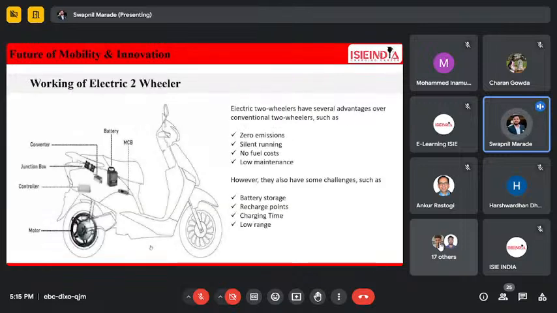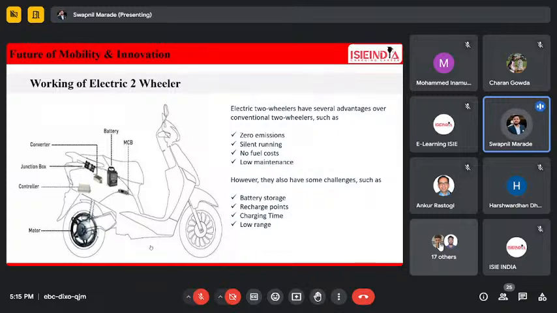Now the working of the electric two-wheeler. We are all familiar with the electric two-wheeler. It has several advantages over the conventional two-wheeler, such as zero emission, silent running, no fuel cost, and low maintenance.